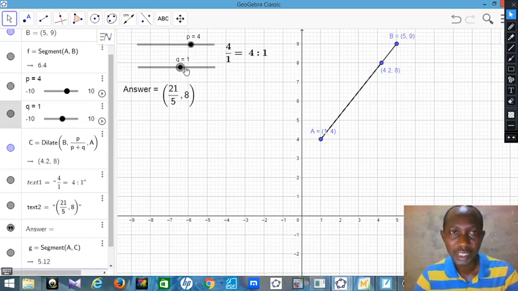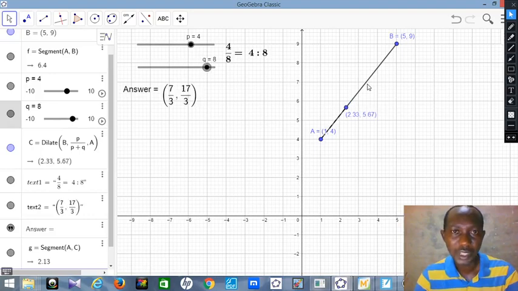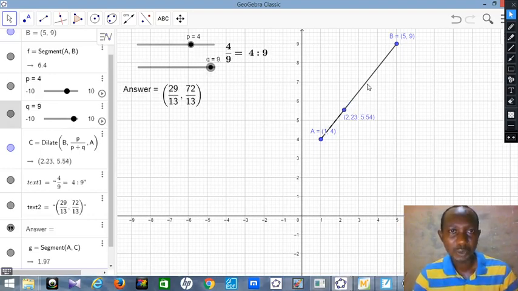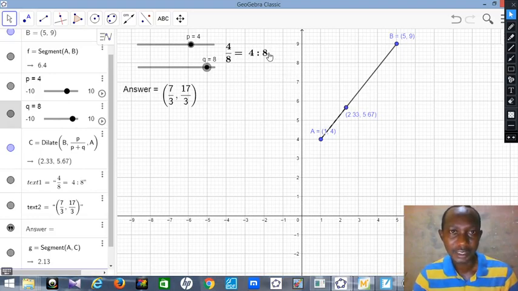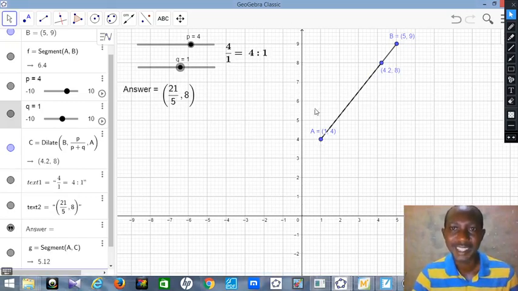As Q is approaching negative, you can see the point is going towards B. When P is positive, you can see it's moving closer to A, so I'm increasing Q. But when Q, that is the denominator now, is approaching negative, it is going closer to B. So when it becomes negative, it will go outside this line. That means it's going to divide this line externally, outside this line AB.